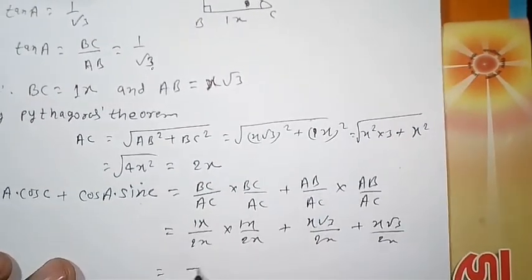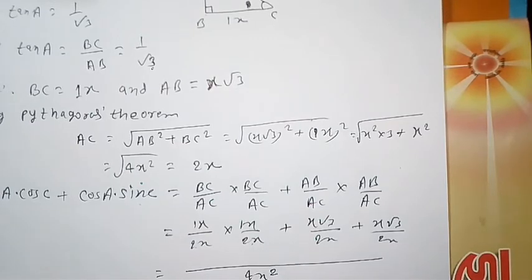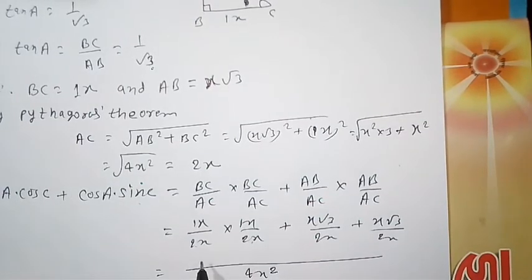Now LCM is equal to 2x into 2x, 4x square. So LCM 4x square.